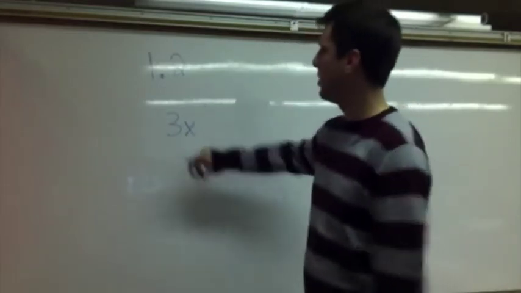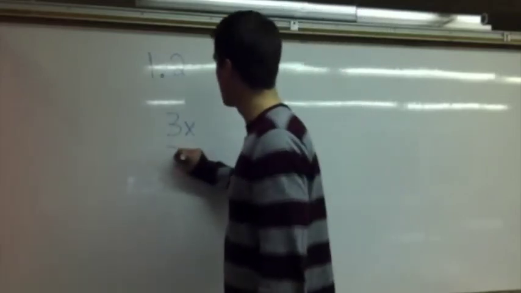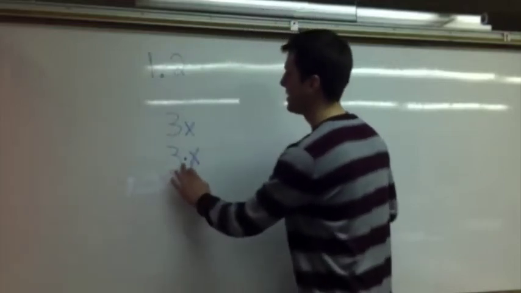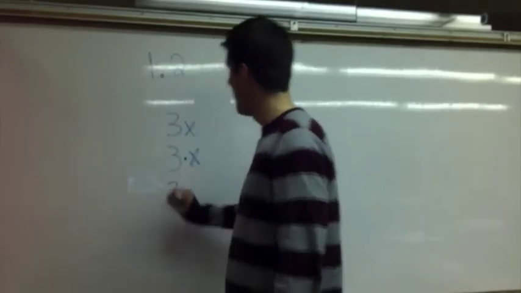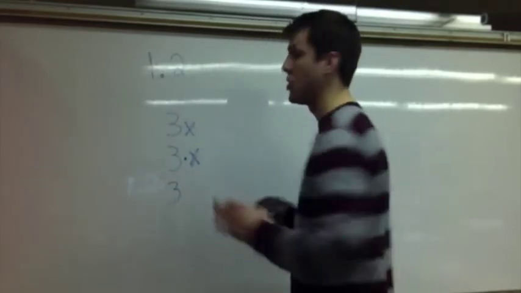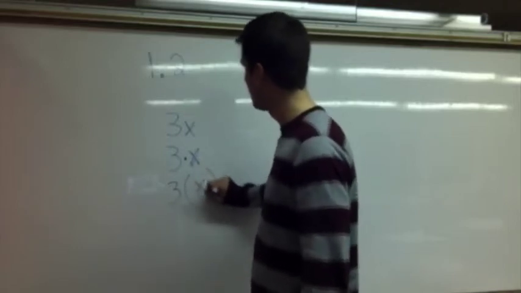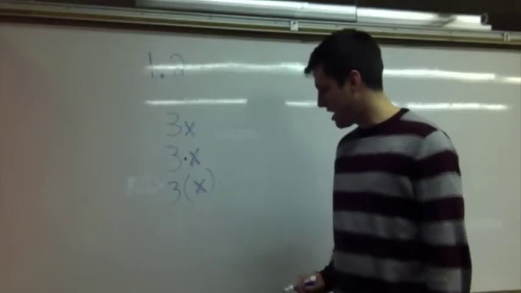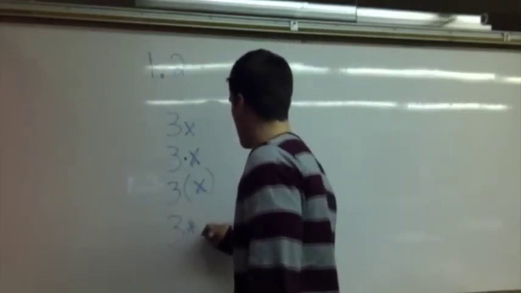This is an example where you just have a 3 next to a letter. Another example is having a 3 with a dot and then the letter right next to that, so it's 3 times x. Another example is putting either the 3 or the x in parentheses. And the last example is 3 with one of these asterisk marks, then x.